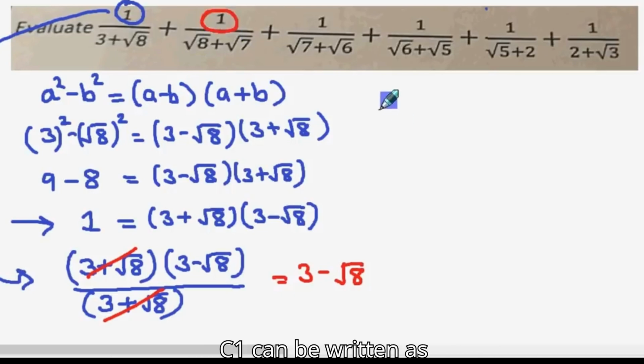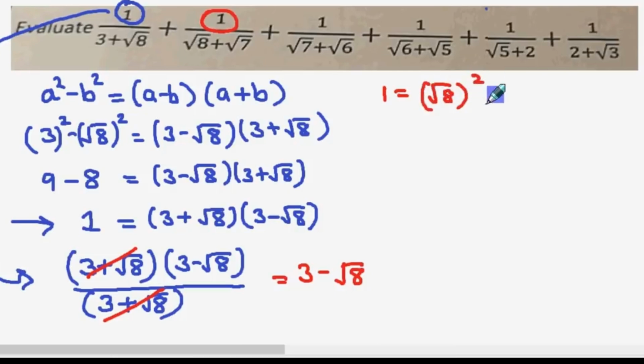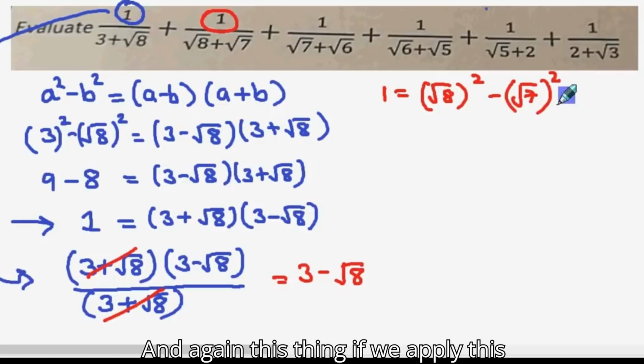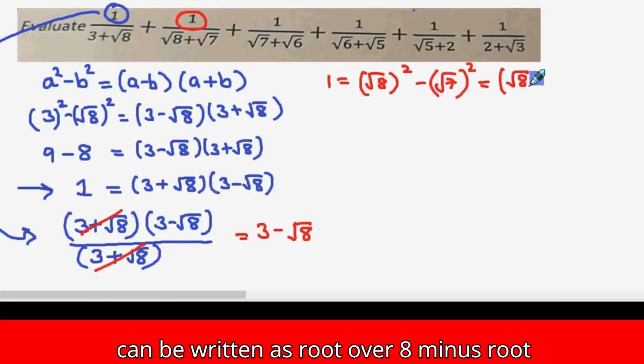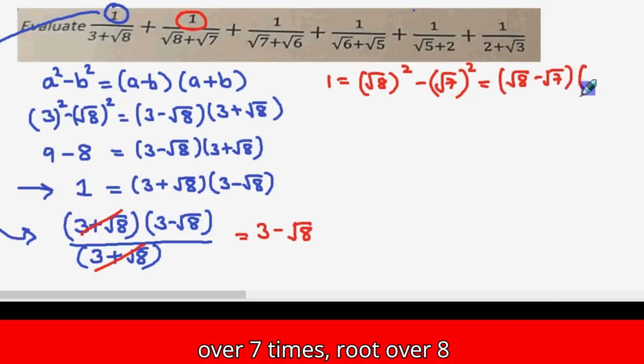See, 1 can be written as root over 8 whole square minus root over 7 whole square. And again, if we apply this formula a minus b, a plus b, this can be written as root over 8 minus root over 7 times root over 8 plus root over 7.